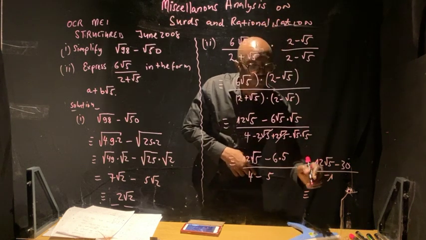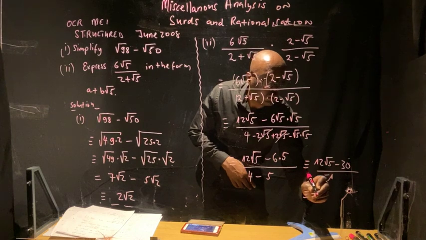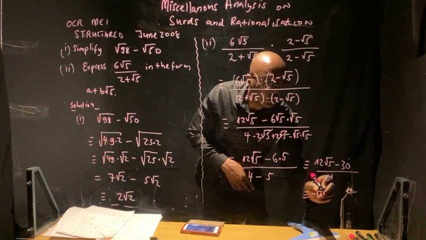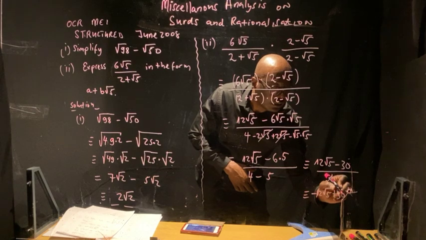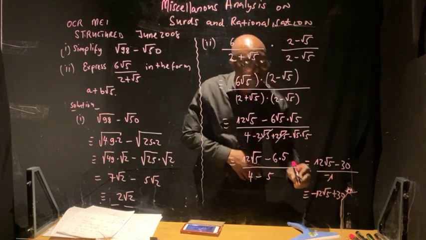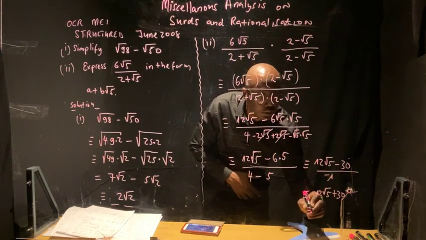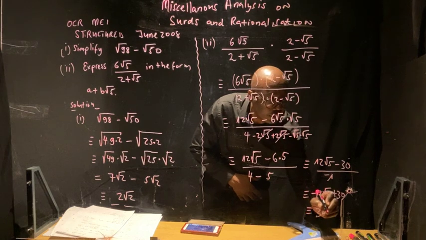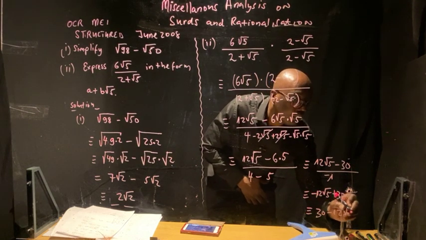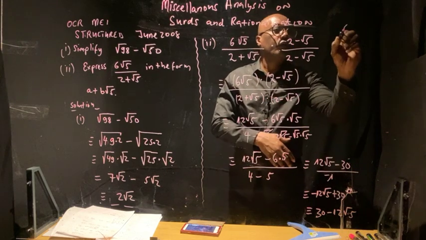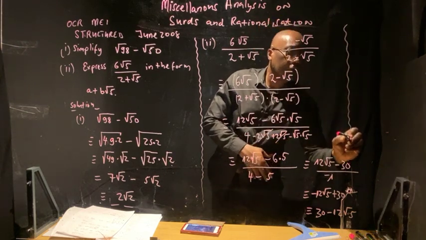So this one becomes minus 12 root 5 plus 30, which is equal to 30 minus 12 root 5. Or if you want, you can leave it that way.